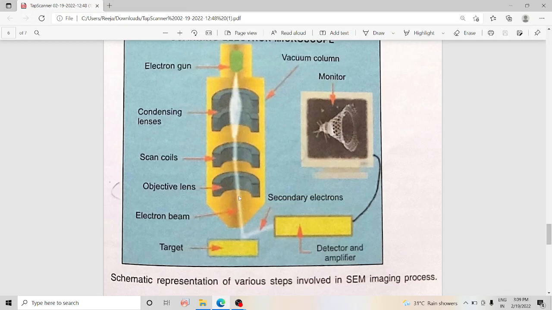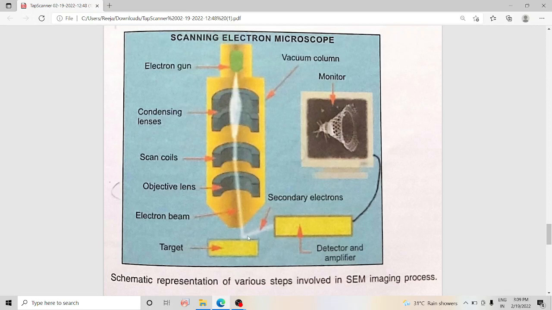So the objective lens focuses the electron beam to every point on the specimen which is desired to be imaged. Then the beam strikes after passing through all these sets.